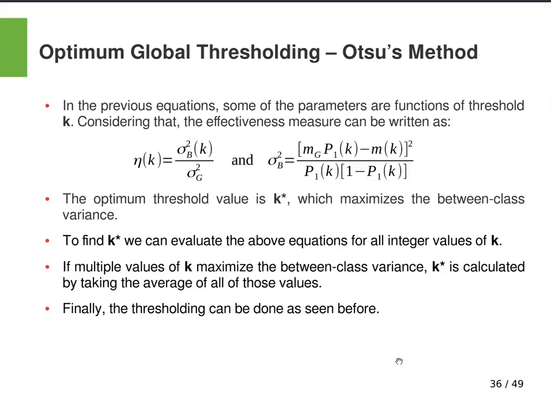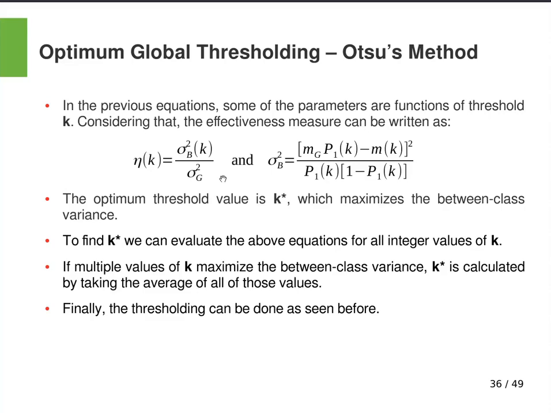This is the equation we end up with for the between class variance. And this one, eta of k, is the measure of effectiveness for any threshold k.